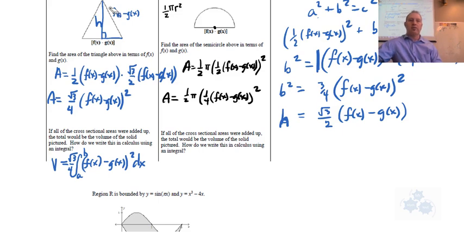The brackets don't have to be there. So what we have here is 1/2 pi times 1/4, which is pi over 8.